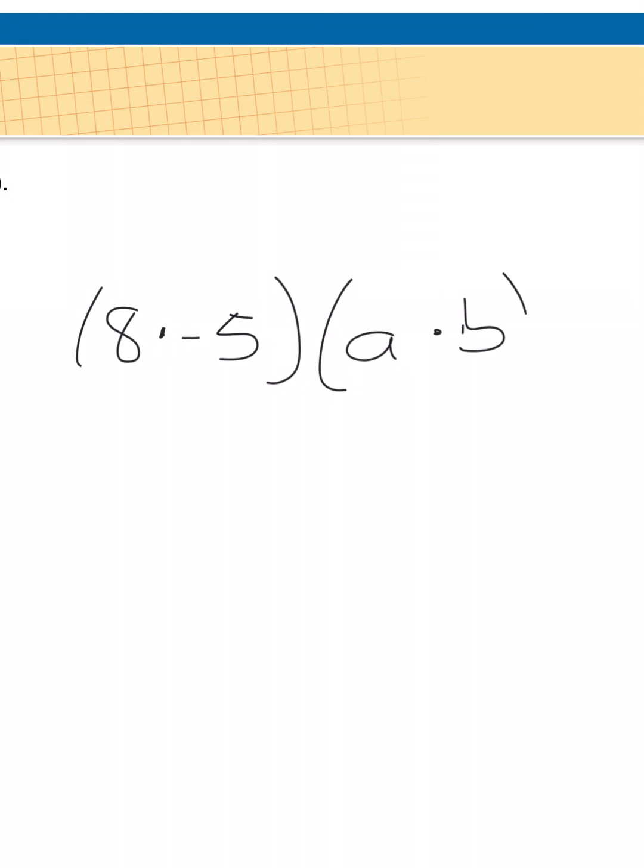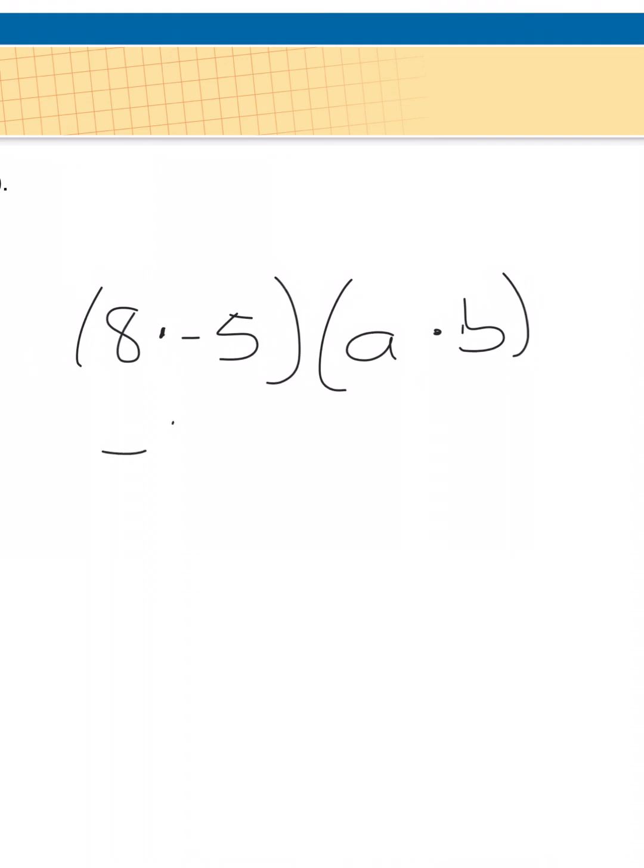What are my whole numbers? 8 and negative 5. What I write down, you write down. What are our letters? A and B. Is everyone okay with how I split that up? So, put your whole numbers together, put your letters together. Negative times a positive gives you negative.